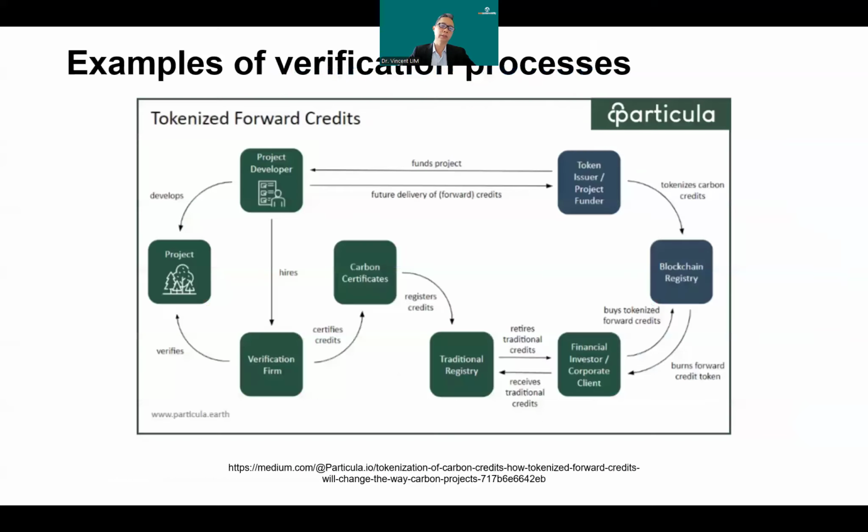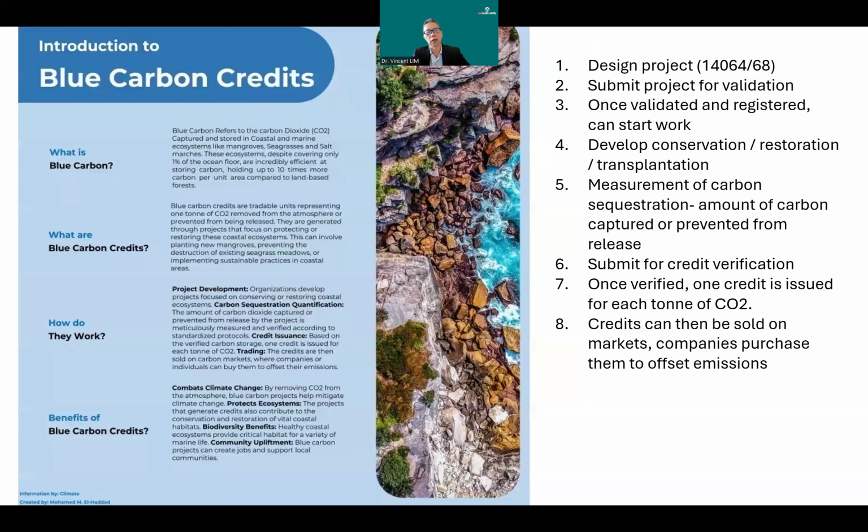So there are different ways. Some of them talk about tokenizing the carbon credit. Clearly can do. I take an example of blue carbon credit. Basically, there are 8 steps to design the carbon credit, and among them, using 14064 to start the baseline is very, very crucial.